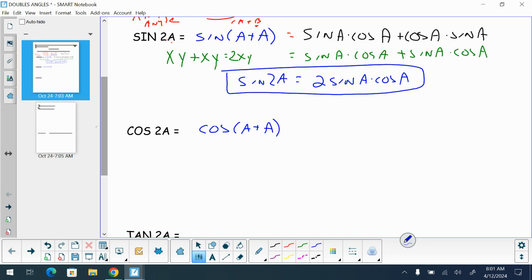Cosine 2A can be written as cosine of A plus A. So expand that out. We have cosine of angle addition.